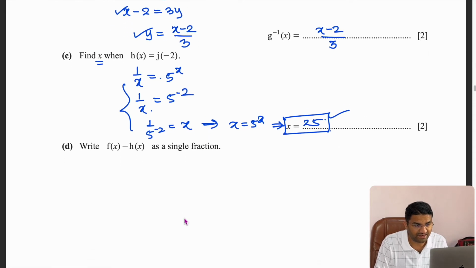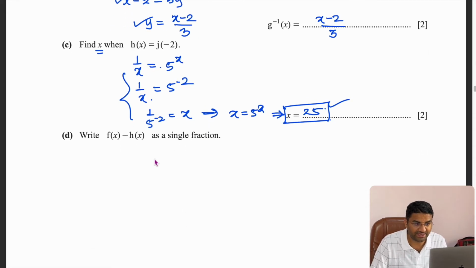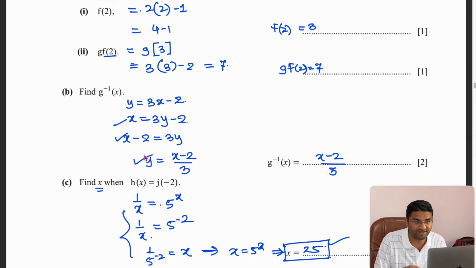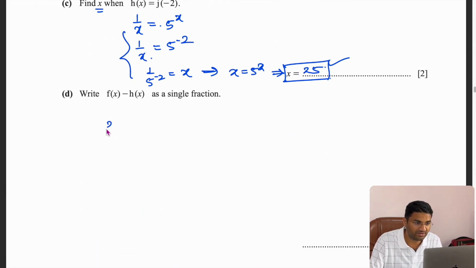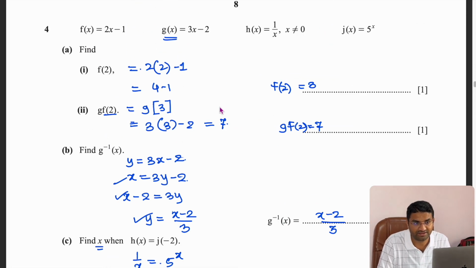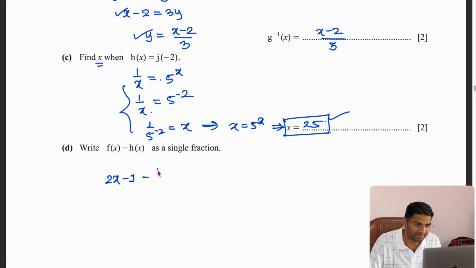Okay, then next, f of x minus h of x you have to write as a single fraction. f of x is 2x minus 1, and minus h of x is 1 upon x.